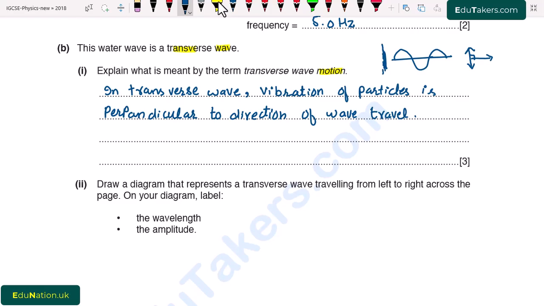Second point is that this wave consists of crust and trough. So I write here, it consists of crust and trough. And third point is that it transfers energy and not matter.